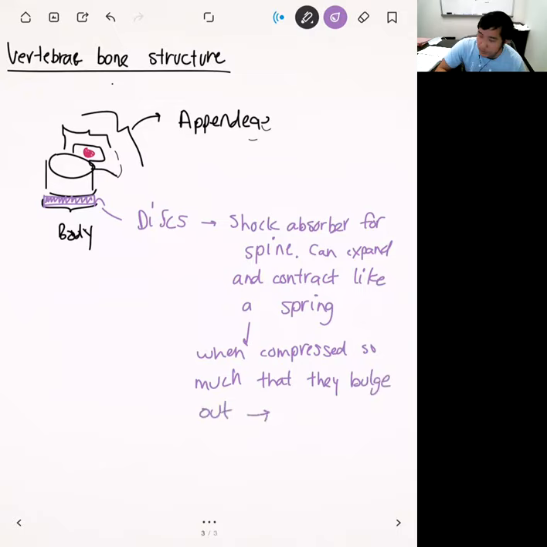And when this happens, this is known as a hernia, which can be very, very painful.